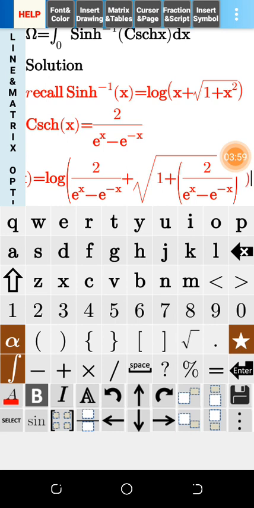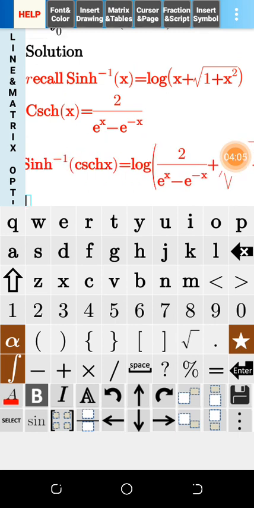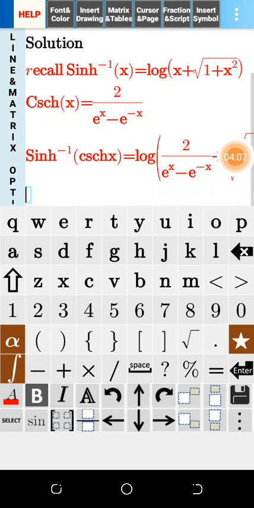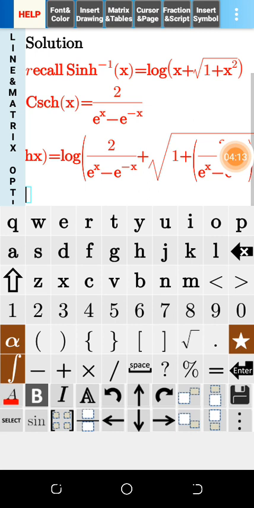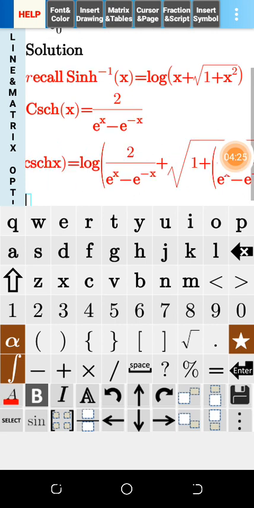Do you get what I'm saying? So let's continue the simplification. 2 squared will give you 4, and e raised to the power of x minus e raised to the power of minus x squared will give us e raised to the power of 2x minus 2 plus e raised to the power of minus 2x. That's what it will give us.